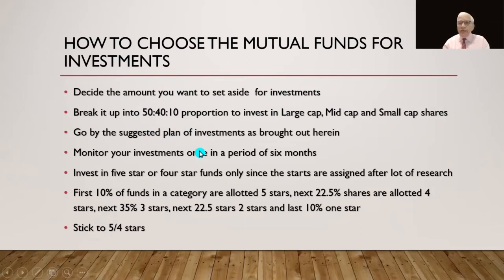So if you are investing 10,000, it is 5,000, 4,000, 1,000. Or it can even be 50, 35, 15, so it can be 5,000, 3,500, 1,500.